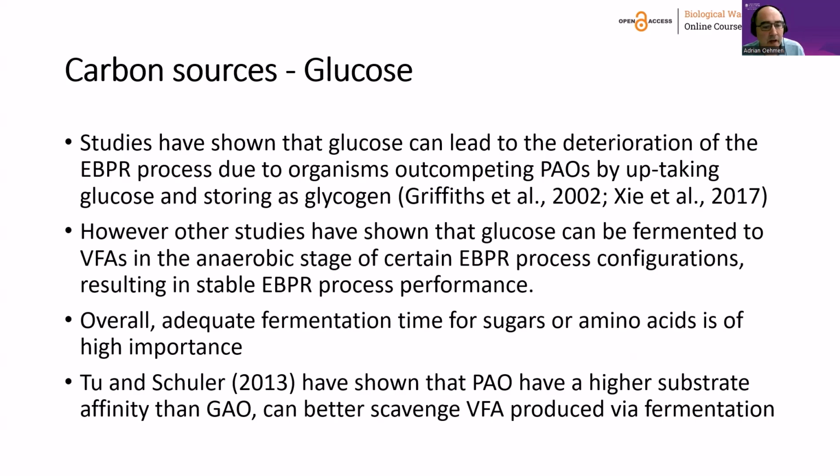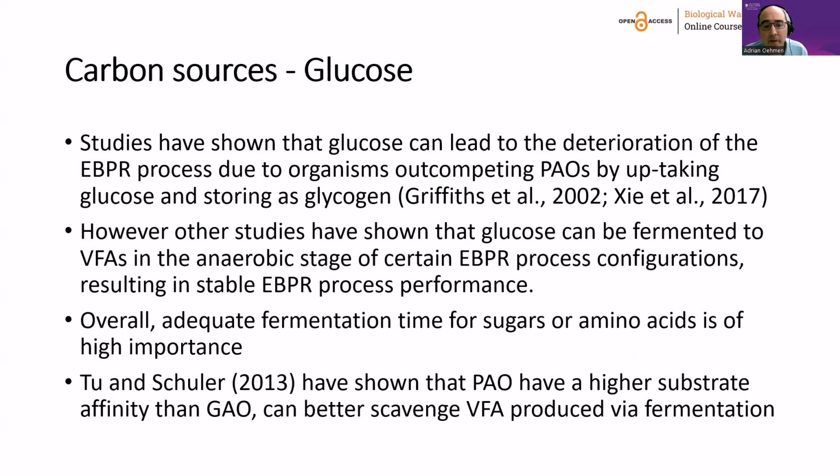So Tu and Schuler have shown that PAOs, Accumulibacter in particular, have a higher substrate affinity for VFAs as compared to, I think, Defluviicoccus in their study. And in that case, what you can see is that Accumulibacter can be better equipped to scavenge the available VFA produced in a fermentation in the anaerobic zone, either in a mainstream or a side stream scenario.